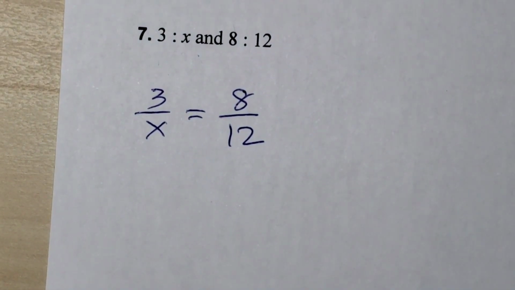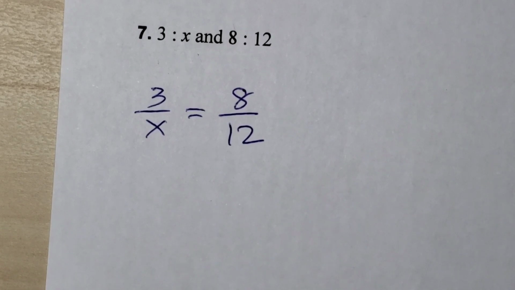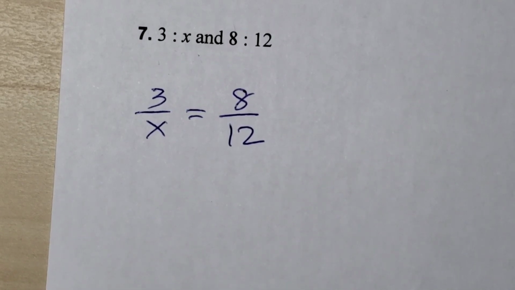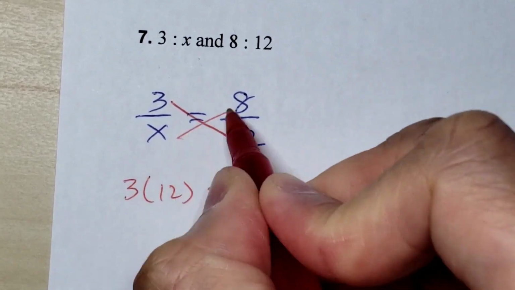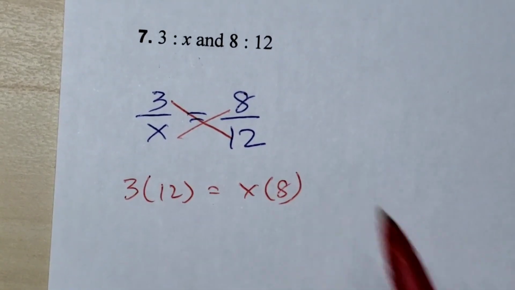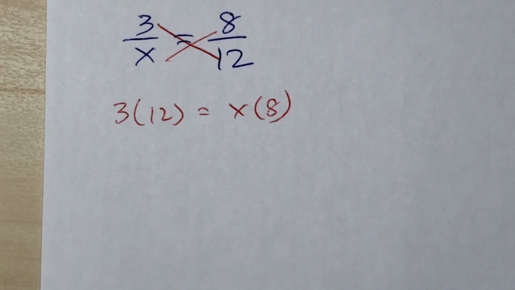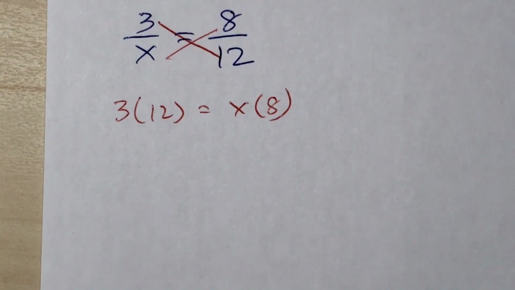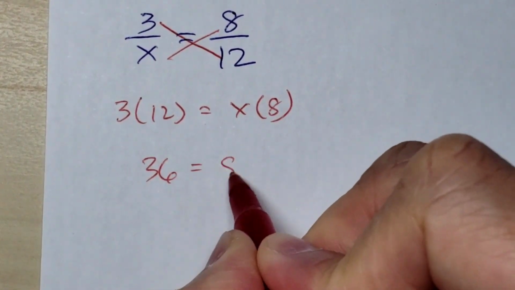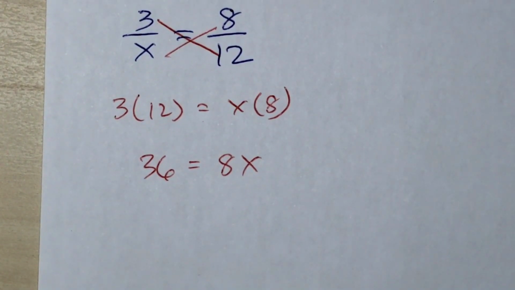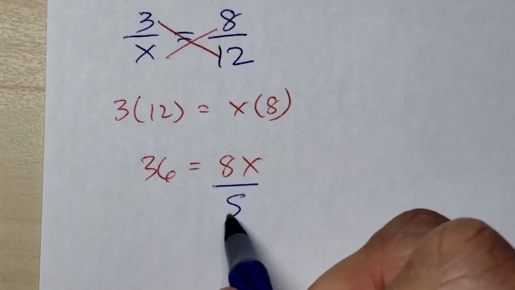You can pause, or you can just solve right away. So now let's do cross product. We got 3 times 12 is equal to x times 8. So 3 times 12 gives you 36, equal to 8x.